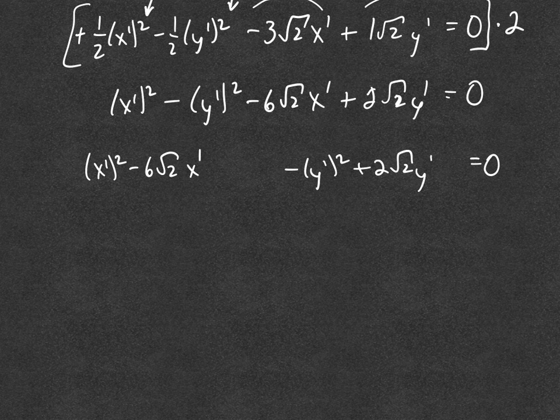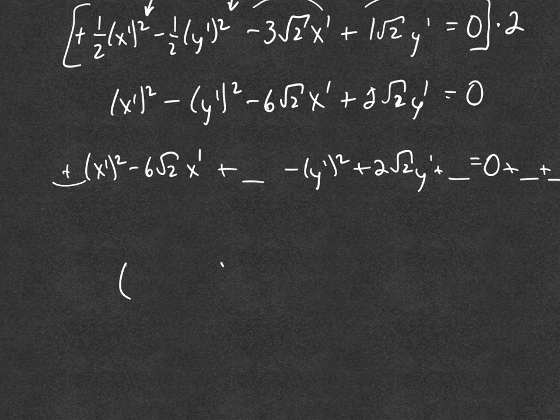Now I know I'm going to need to complete the square, so I need to add a blank on both sides so I can complete the square for the x's. I'm also going to need to complete the square for the y's, so I need to add a second blank on both sides.